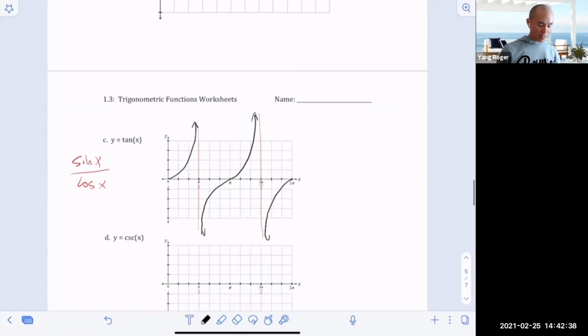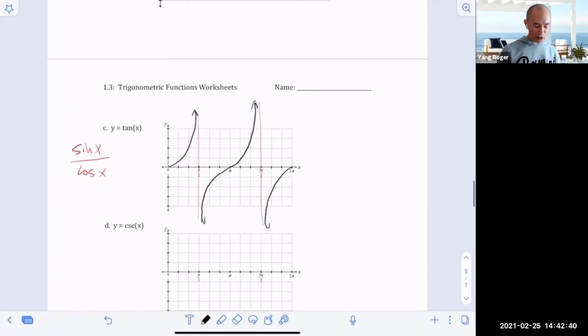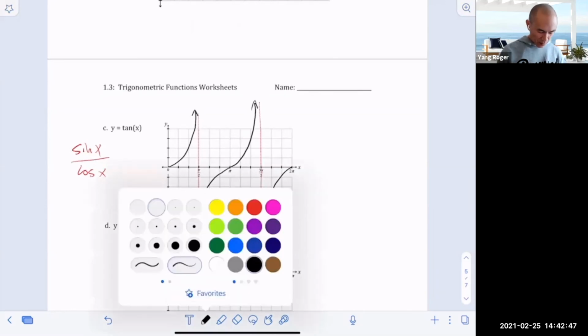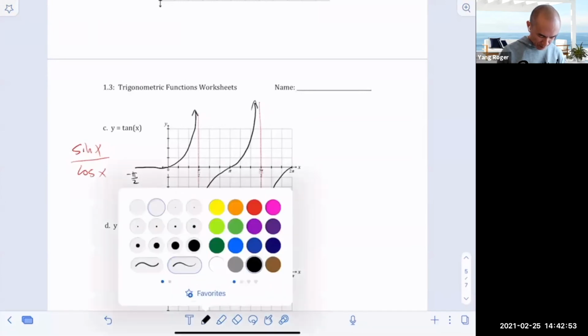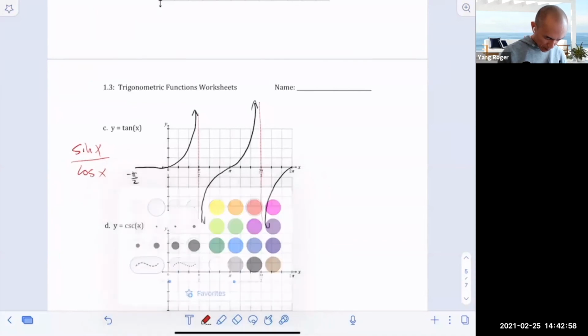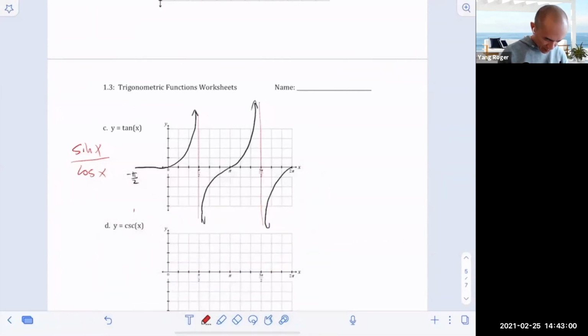So these are the main graphs. Usually, we actually graph a period going from -pi over 2 to pi over 2. Normally I'd have something coming out here like this. This would be -pi over 2. I'd have my asymptote at negative pi over 2, something like this.